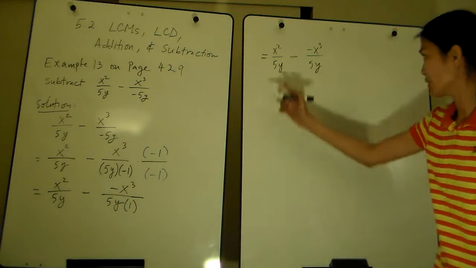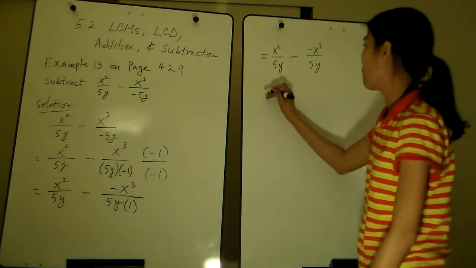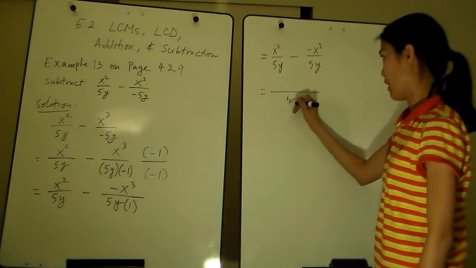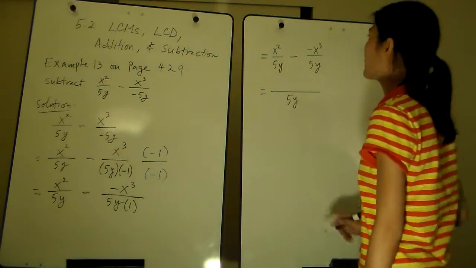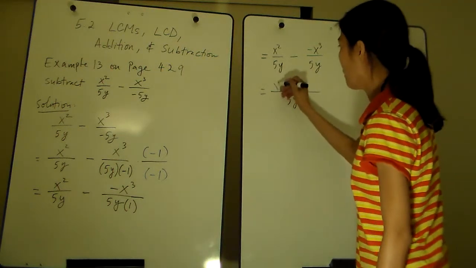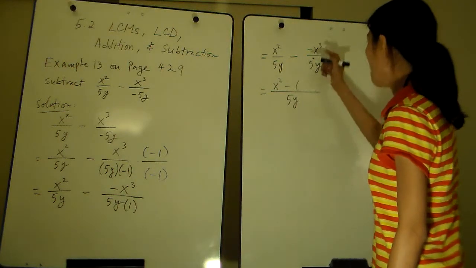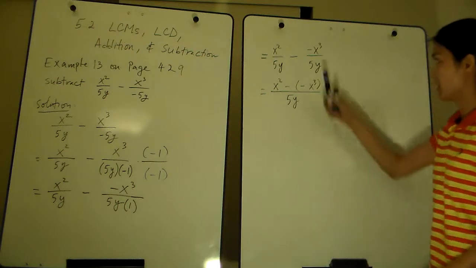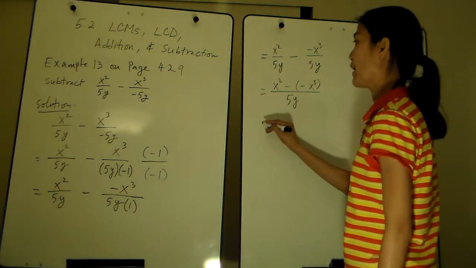Now, these two fractions have the same denominator. That means you can combine them. When you combine them, just write the denominator 5y here, and then add or subtract the numerators. So x squared on top, subtract this numerator, which is negative x to the third. So be careful, this is negative of negative. Okay? So they're two negatives.